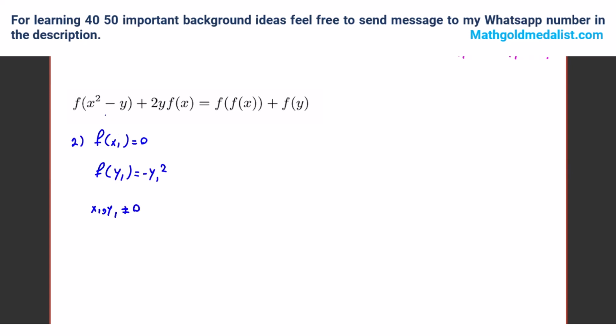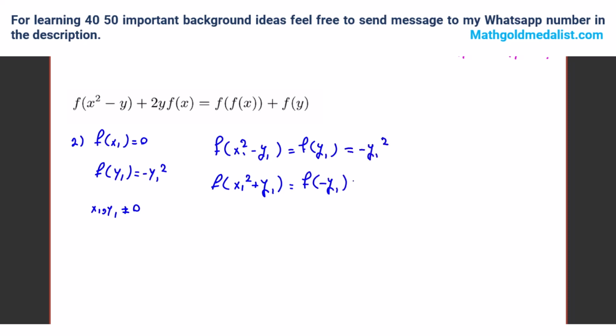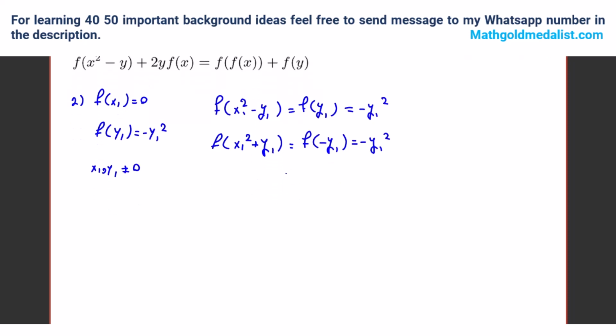Okay, so we write f of x1 squared minus y1 squared minus y1. This one 0, this one 0, because f of x1 is 0. Like the previous case, you can say, okay, f of x1 squared plus y1 also is equal to f of negative y1. Both of them are negative y1 squared. They are equal. We proved this before. Now, we should check again different cases. We know it cannot be 0.